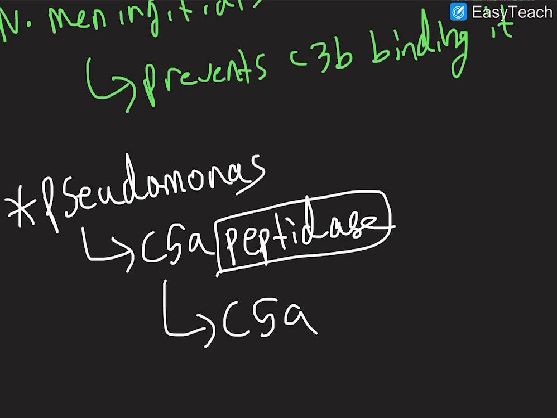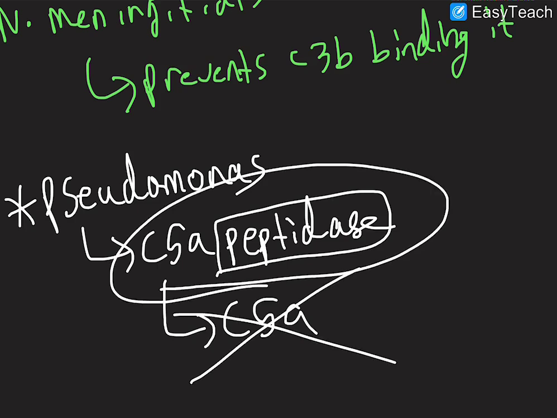If you can't do that because you inactivated C5a due to the C5a peptidase produced by Pseudomonas, neutrophils won't be able to be activated by C5a, and fewer neutrophils at the site of infection means more inflammation and more infection by certain bacteria like Pseudomonas in this case.